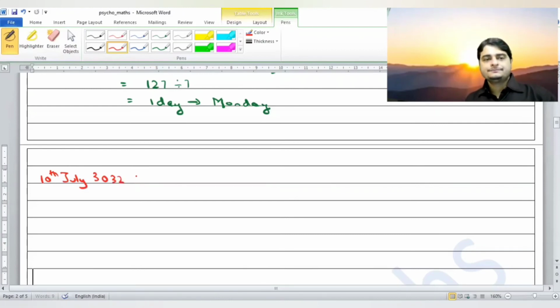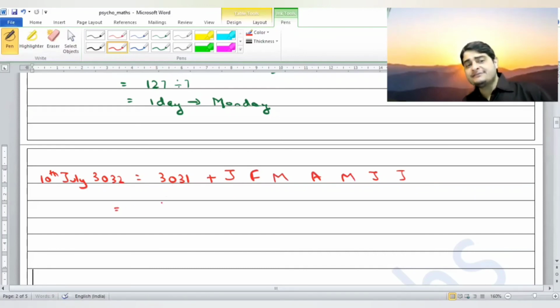3032. So again we need to first make up till the year 3031, and then for the year 3032 we will have Jan, Feb, March, April, May, June and July. So let us first make the century. Every 400 century set it off.